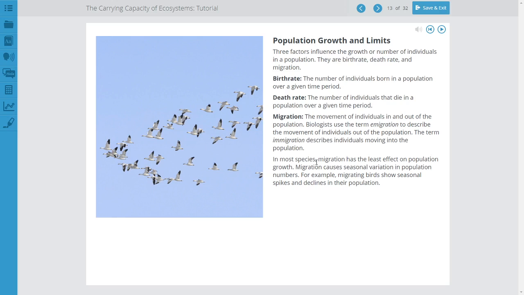Migration, seasonal variation, not whooping cranes, but sandhill cranes here in Florida are a great example. There are two types of sandhill cranes here, and you can't really tell the difference, except some of them live here year-round and some of them migrate. And so the population every year goes up and down depending on how many migrate back towards Oklahoma. And so at certain times of the year there's tons of sandhill cranes, and at certain times of the year there's only a few. And it affects the population.